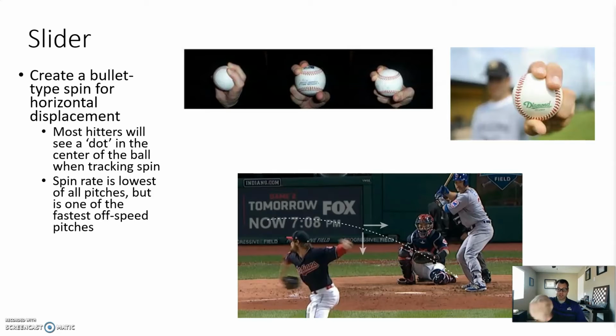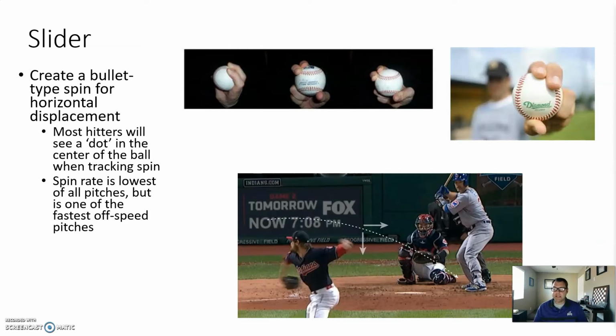So you want this ball to spin in a circle across the horizontal axis. You don't want to be spinning on the longitudinal axis there. So you're creating this almost side spin to make it almost a bullet motion, and that is going to cause the ball to go away from the pitcher's arm side.